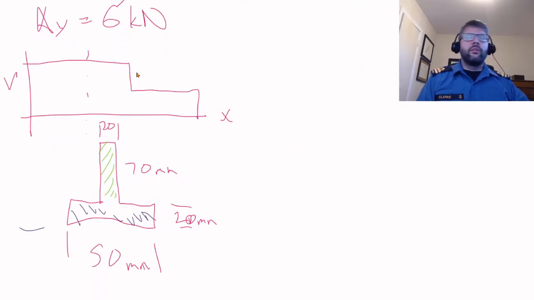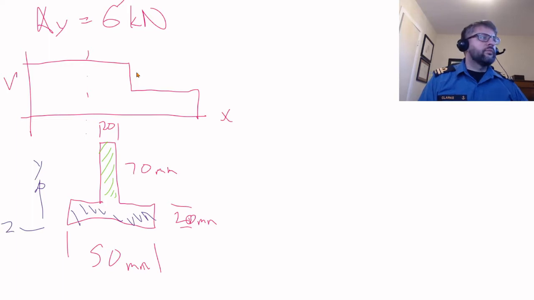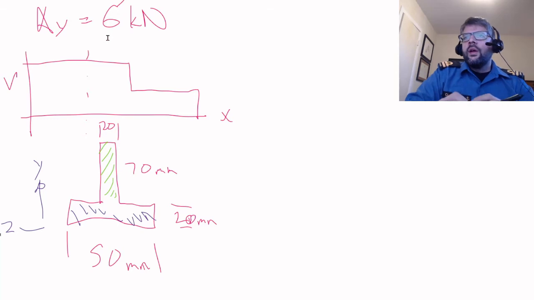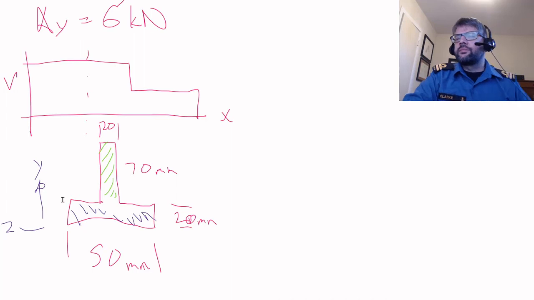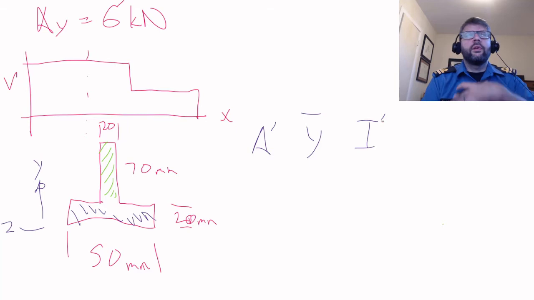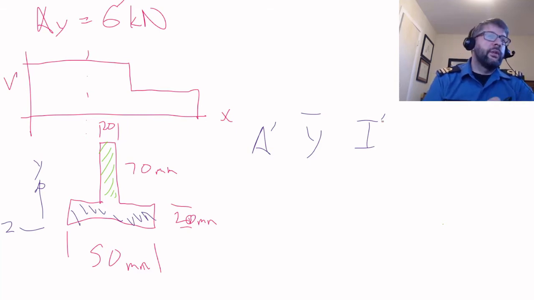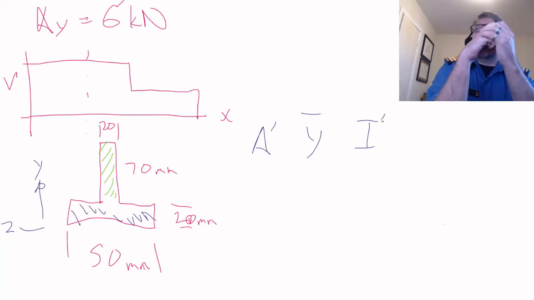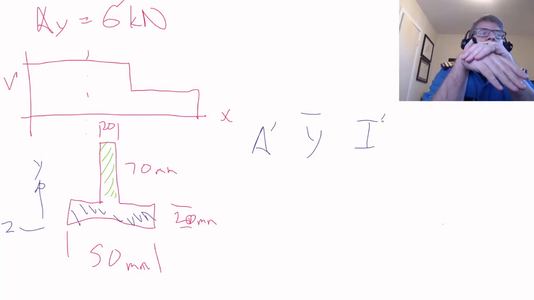In relation to the cross section that we're looking at, we're looking at Y and Z. So we're trying to find the IZ here, so about the Z-axis. To find the I for the overall section, we need to find out what its centroid is. We need to find out what the individual components of the I for those 2 subsections are.